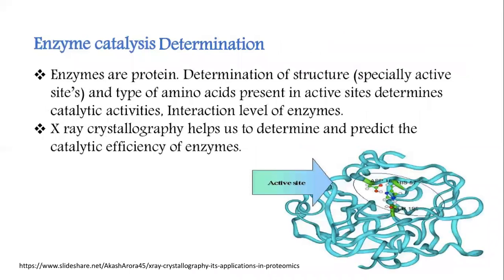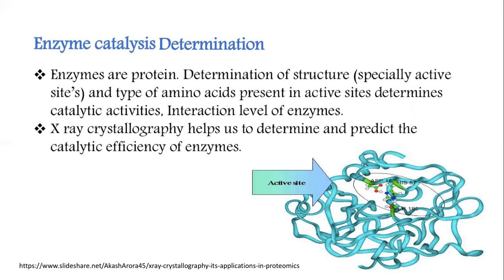So all this is very important, and this is yet another example where X-ray crystallography comes into play when it helps us determine the catalytic property or efficacy of certain enzymes. Enzymes, we all know, are catalysts in many of the metabolic processes or biochemical reactions that are taking place within our living system.